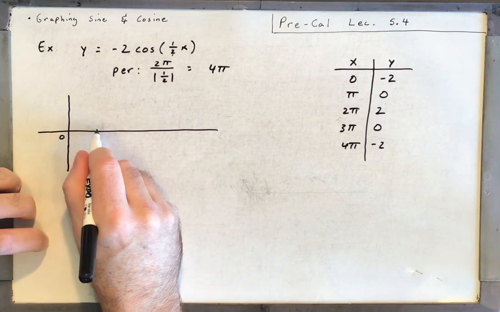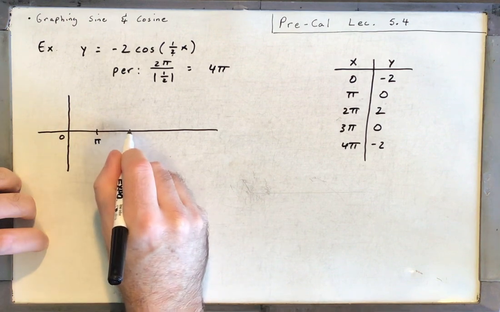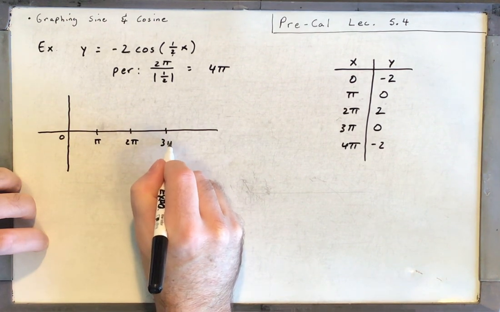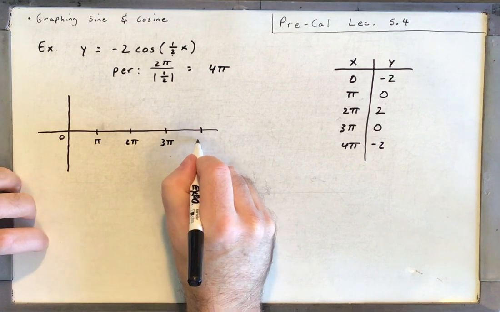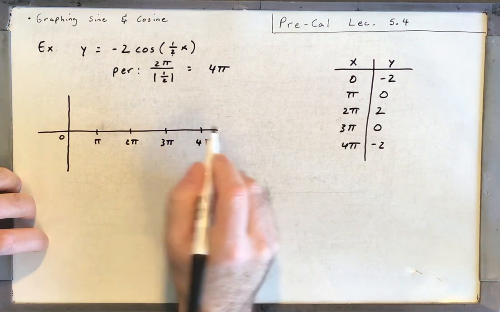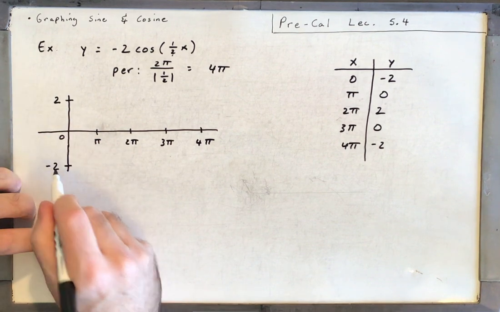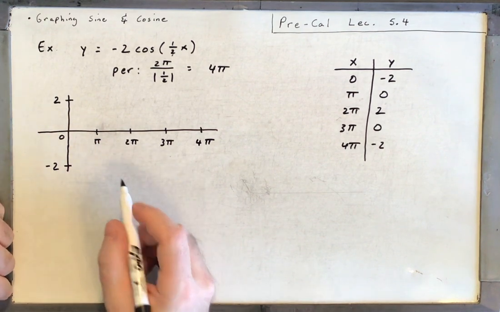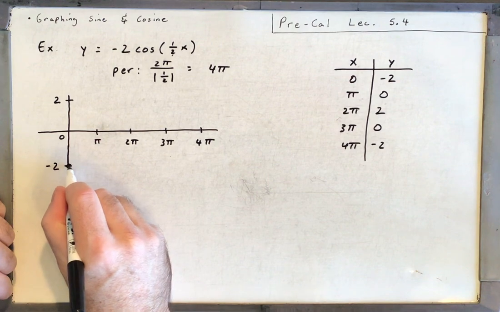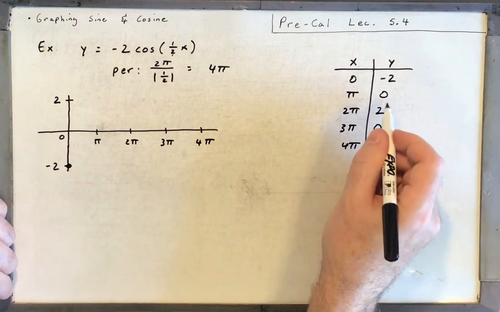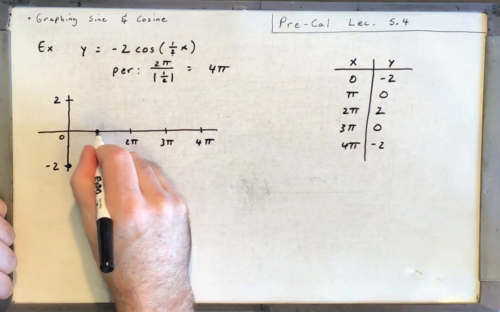All right, so we plot this out. Pi, 2 pi, 3 pi, 4 pi. We have a 2 and a -2. So we start out down here. See that negative in front started the graph down. At pi we have a 0.